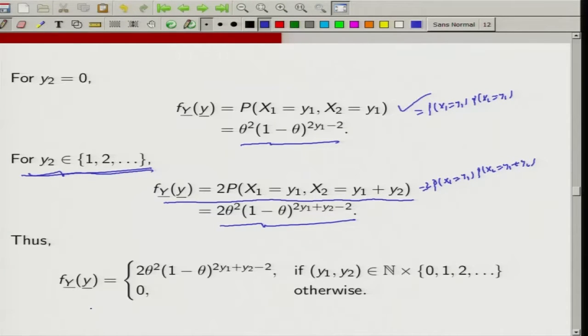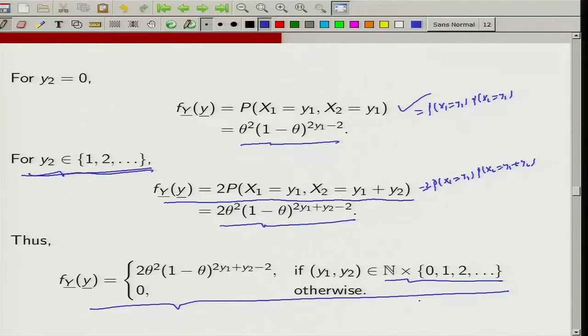So, you have got the joint probability mass function of y1 and y2. Now, here you can easily conclude that y1 and y2 are independent, because you can see in the range also, the ranges do not depend on each other. The range of y1 can be separated out from the range of y2.